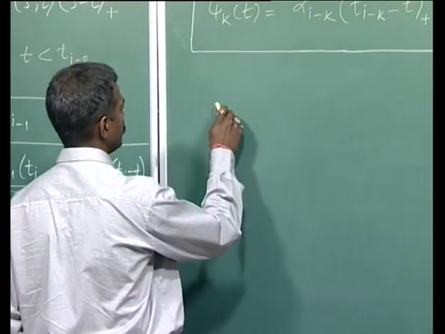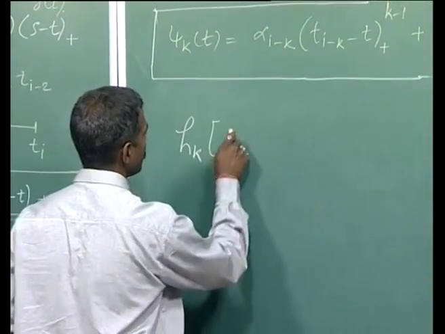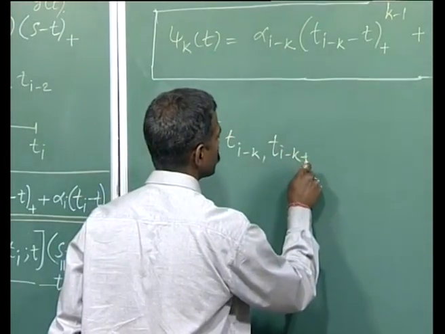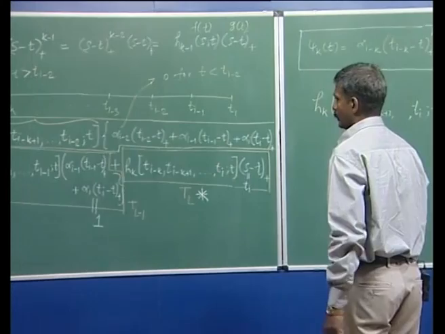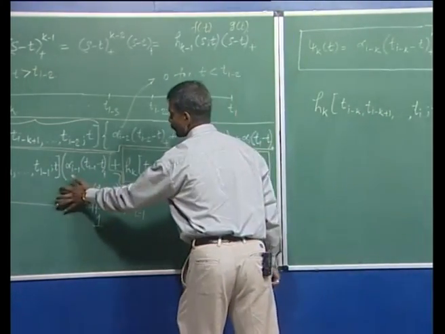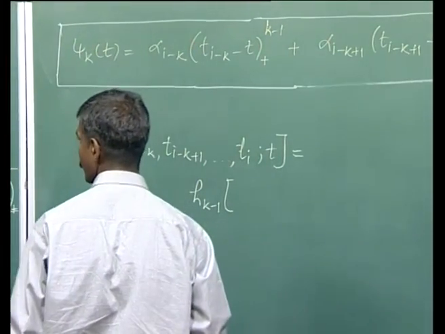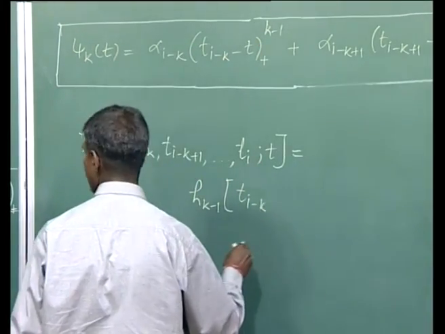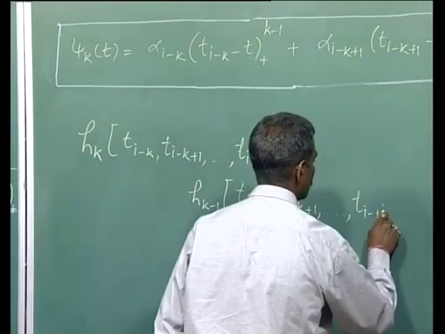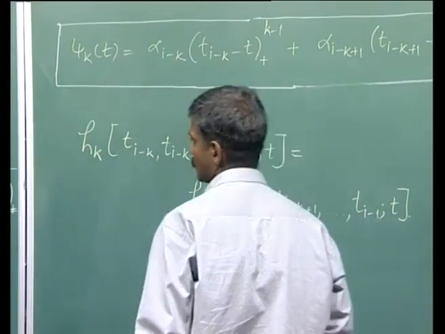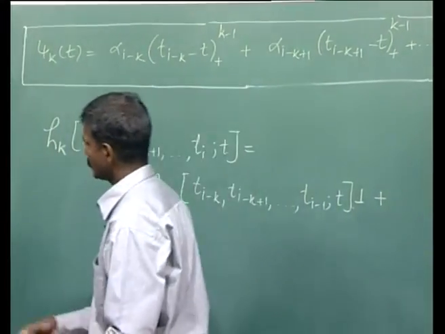So in summary, the kth divided difference of this function here, h_k(t_{i-k}, t_{i-k+1}, ..., t_i; t), will be equal to this term here, which is h_{k-1}(t_{i-k}, t_{i-k+1}, ..., t_{i-1}; t) times, you would know that this is 1, plus this term here.